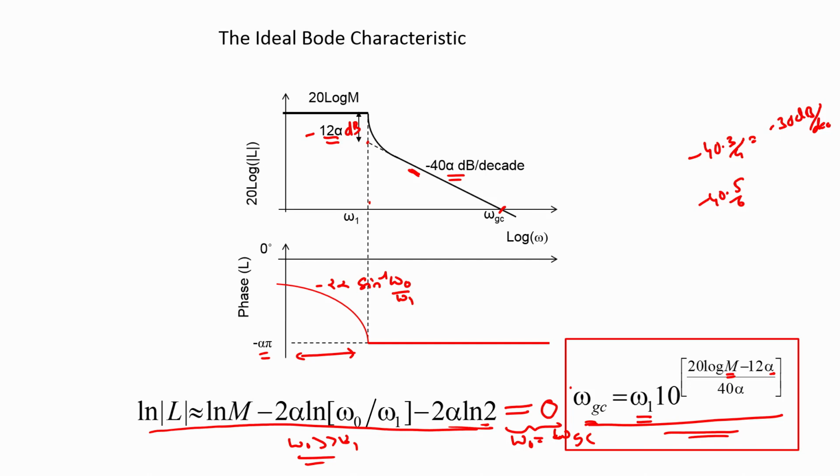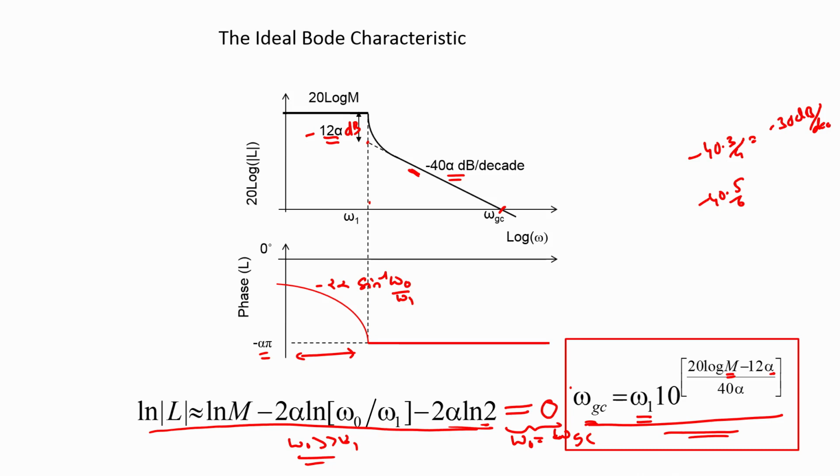So the natural question is, up to what frequency do we need to continue to have this particular kind of a roll off, and beyond what frequency can we allow the final characteristics of the open loop system to set in. So by final characteristics I mean the characteristics of the loop gain at frequencies omega that is much greater than all the corner frequencies of the different poles and zeros of the loop gain.